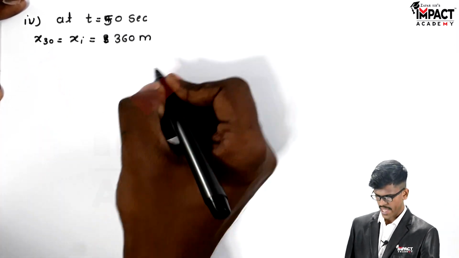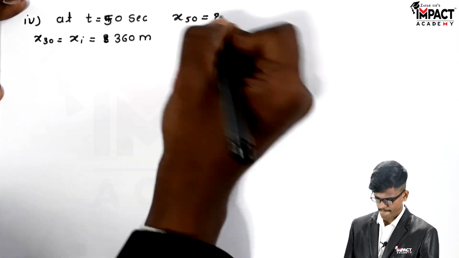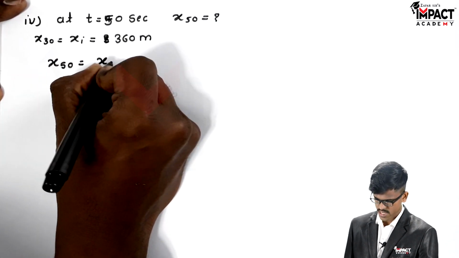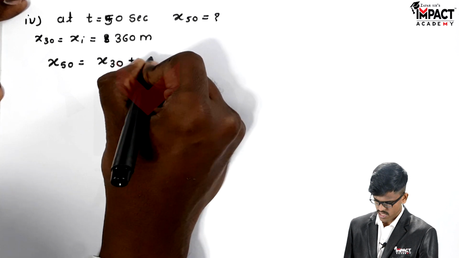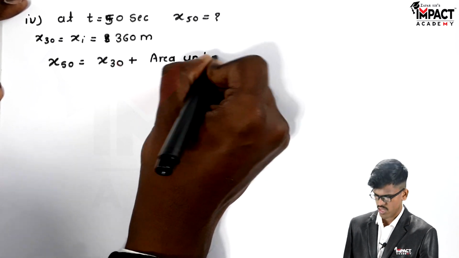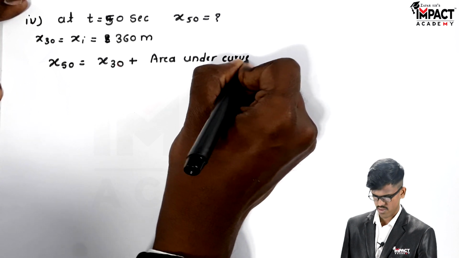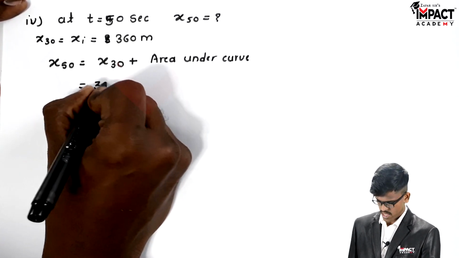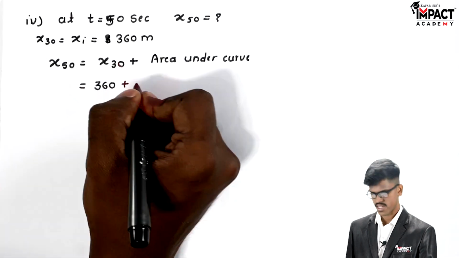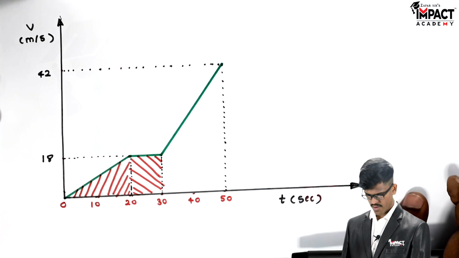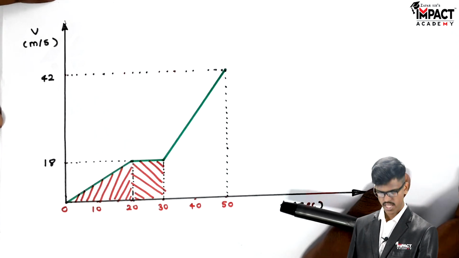So we have to find x50. So x50 is equal to x30 plus area under curve. Okay, so x30 is 360 plus here area under the curve. So here we have to find this area.